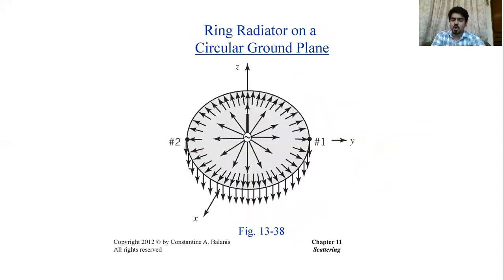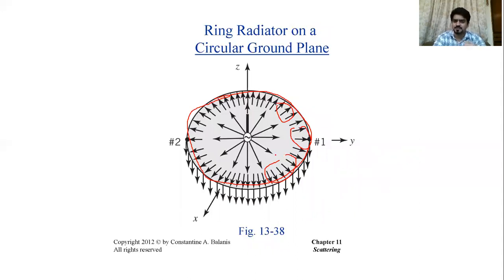So the entire circumferential edge of your circular ground plane is going to diffract the fields. So you will have an infinite number of diffracted rays, as you can see. And as a result of that, along the axis, you will have much higher values for your diffracted fields.